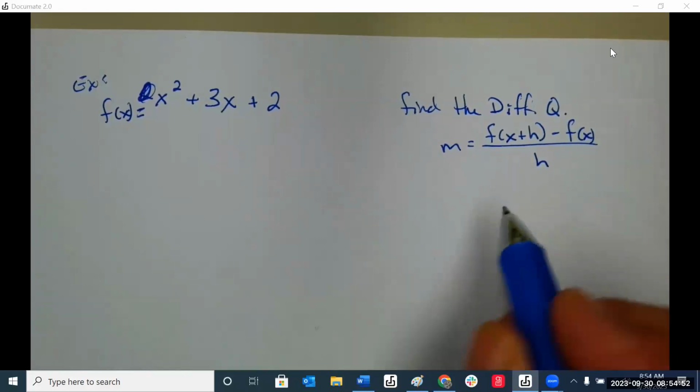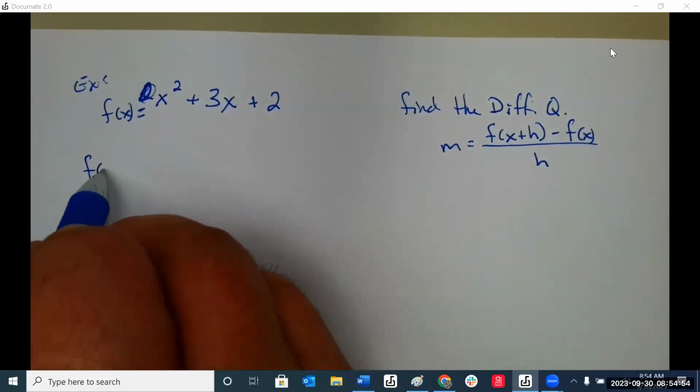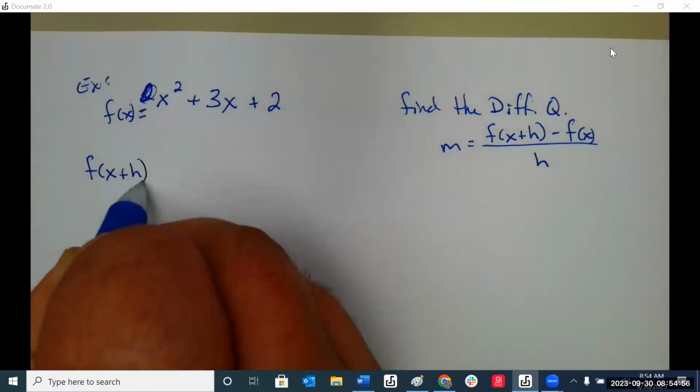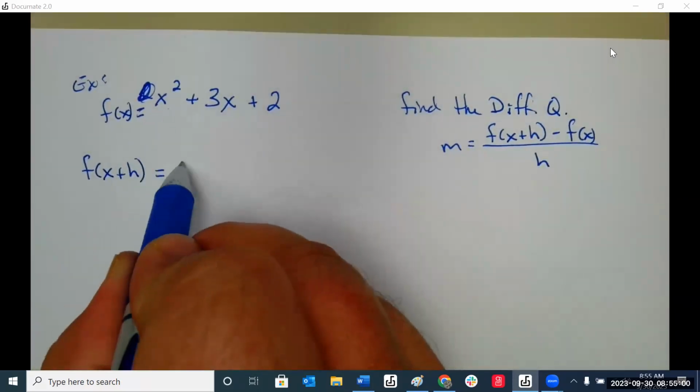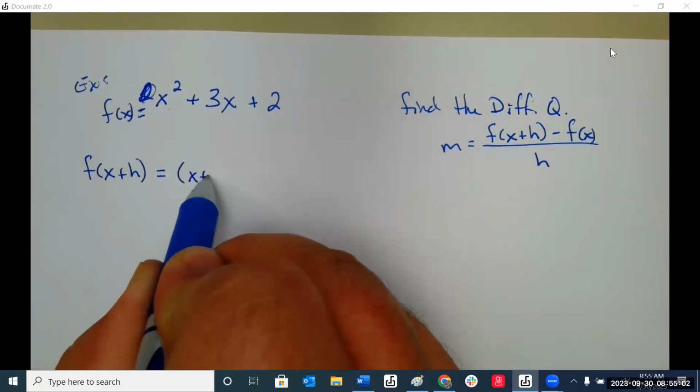So the first thing we have to do, remember, is find f of x plus h. Anywhere you see an x, put a plus h around it.